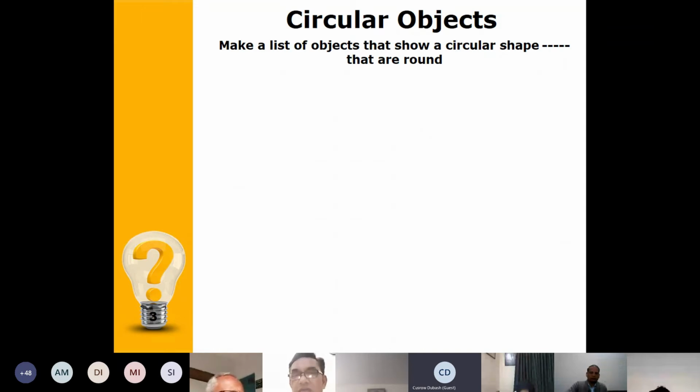How many circular objects can you list? Think, it's not that difficult. Figure out, think, look. In your mind's eye, look at what things can be round or circular.